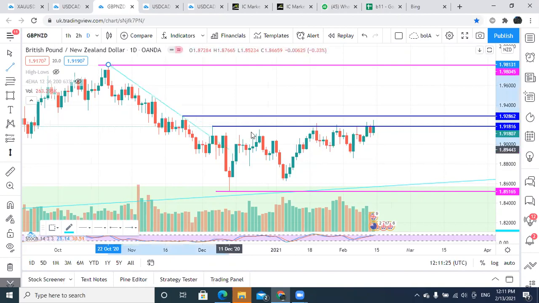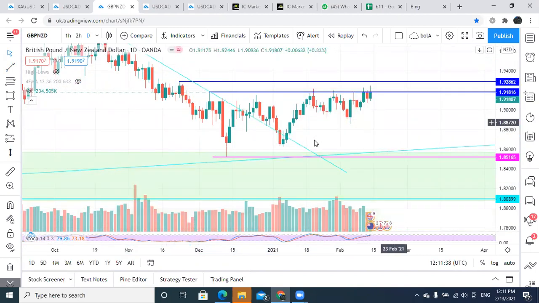But you can say to yourself, let's draw this particular trend line for you to bring your daily into perspective. So are we in a buying environment or are we still in a selling environment?